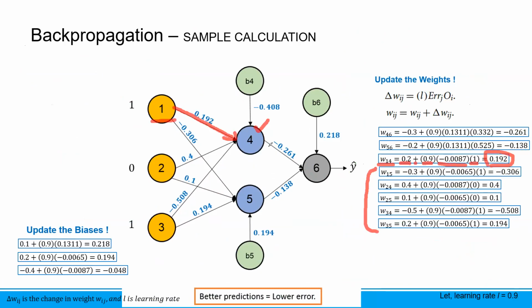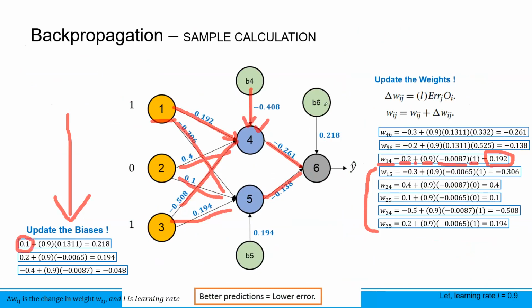And after you define the new weights, you also need to update the bias. How to update the bias? The bias will have its own formula. In this case, we have the previous bias, which is 0.1.